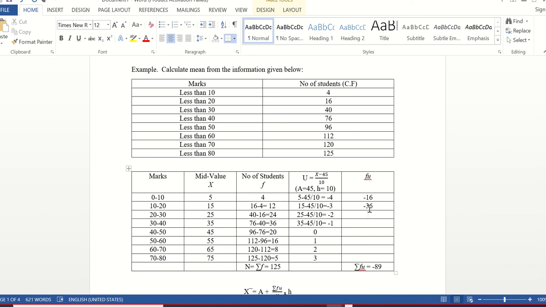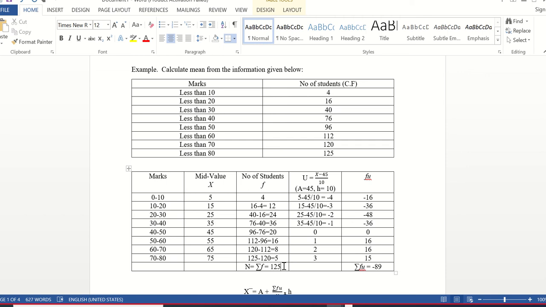Then 24 into minus 2 is minus 48. 36 into minus 1 is minus 36. Then 0. Then 16 into 1 is 16. 8 into 2 is 16. 5 into 3 is 15. So here I have already done the summation of fu. This is minus 89, and the summation of f, which is also called N, is 125. So this value is already given to me. I have already calculated.